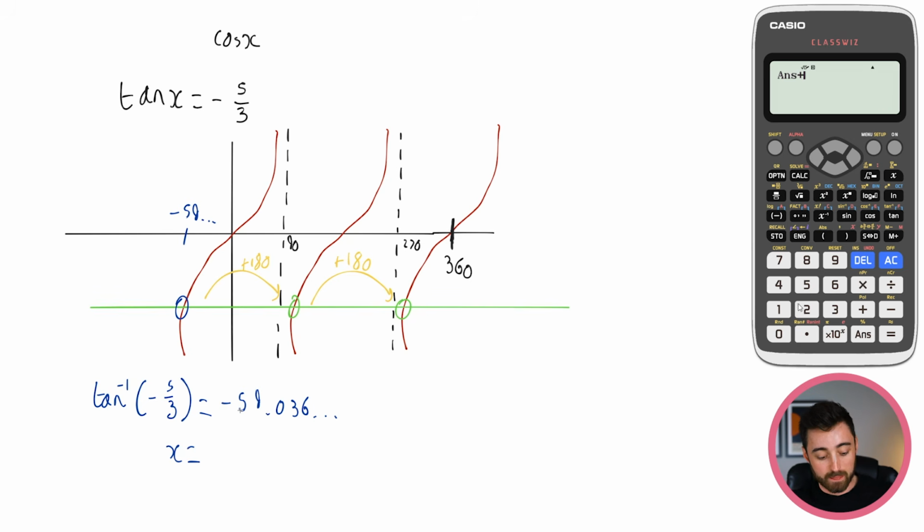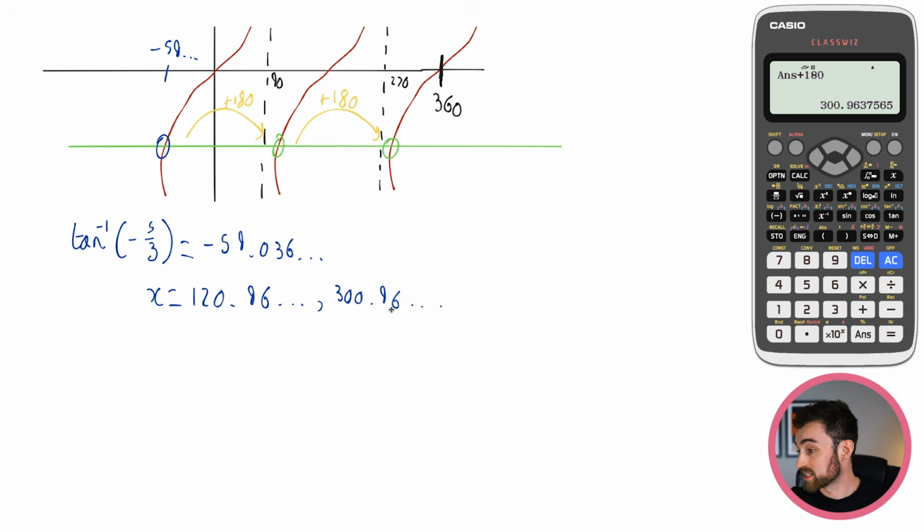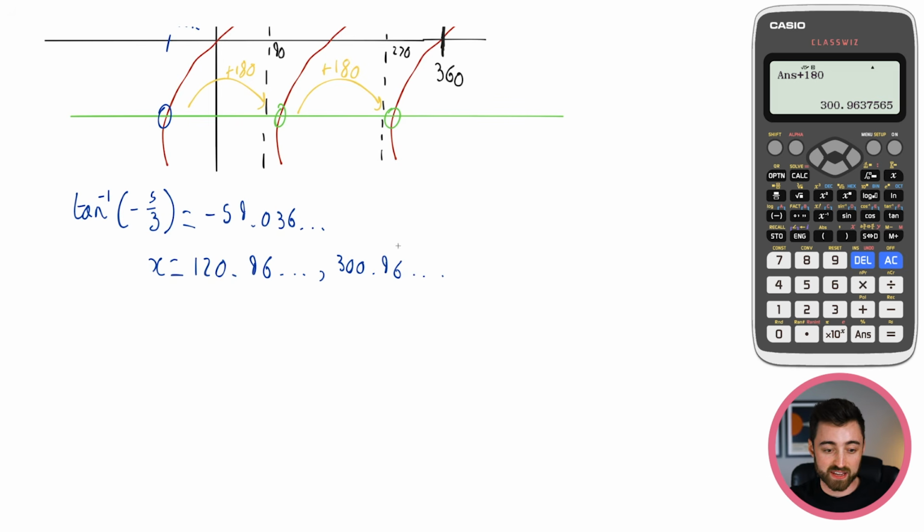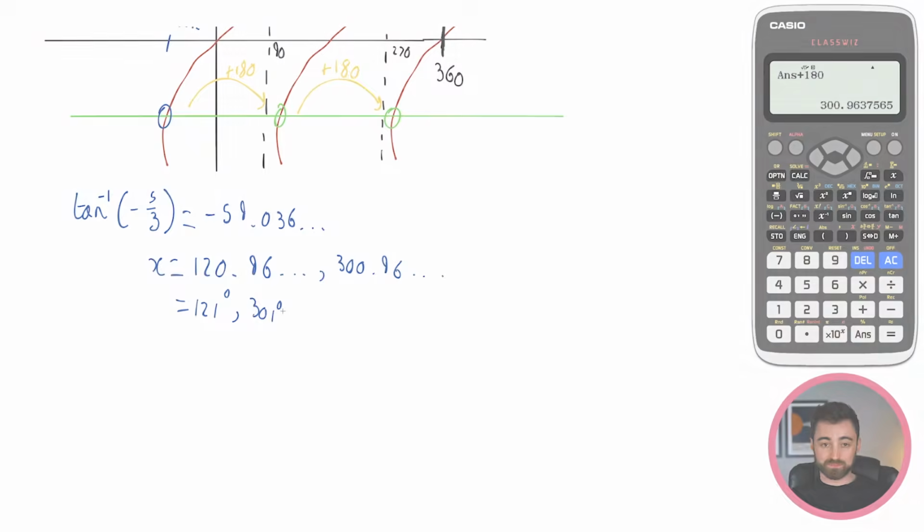So ans plus 180, which gives me 120.96 and so on, and then another ans plus 180, literally press equals again, and that is going to get you 300.96 and so on. So let's just round them slightly. Let's go 3 sig fig here. So I'm going to go 121 degrees and 301 degrees.